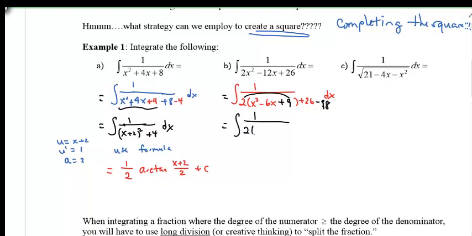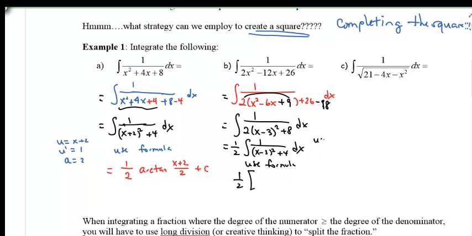I can rewrite this as 2 bracket x minus 3 squared. 26 minus 18 is 8. This is nice because I can factor out a 1/2 now, and that leaves me with just x minus 3 all squared plus 4 dx. And once again, using the formula, I can now go ahead and solve this. 1/2 is there. 1 over, well, I guess I should identify u and all that stuff.